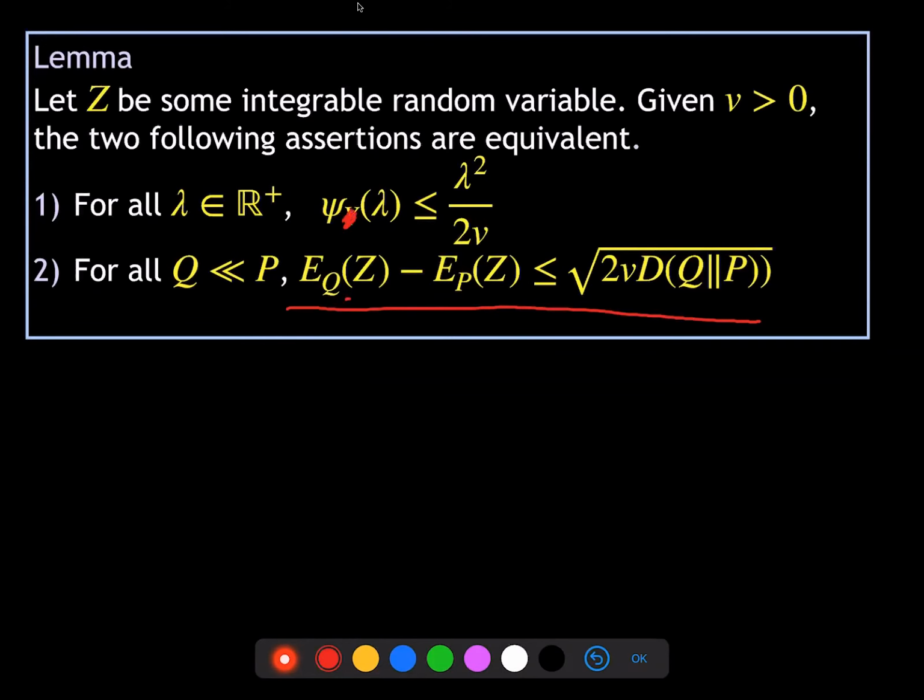It is not y, this is z. And a quantity which is defined in terms of the relative entropy of q with respect to p.